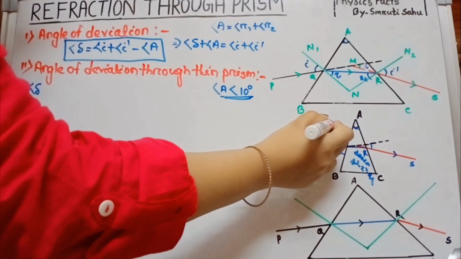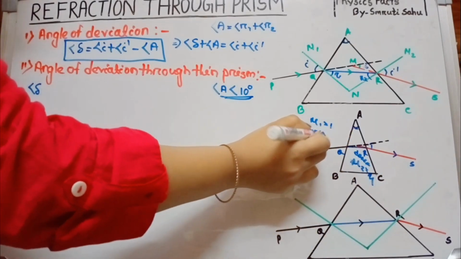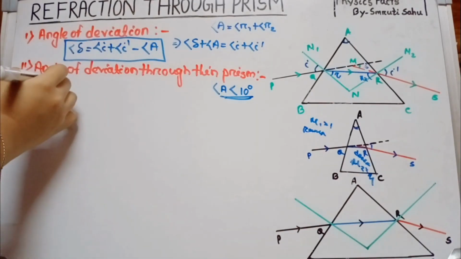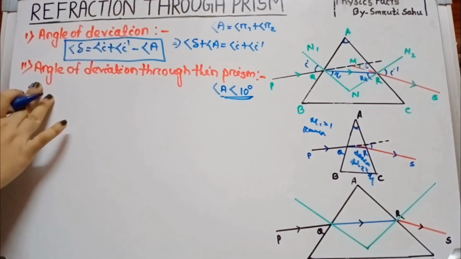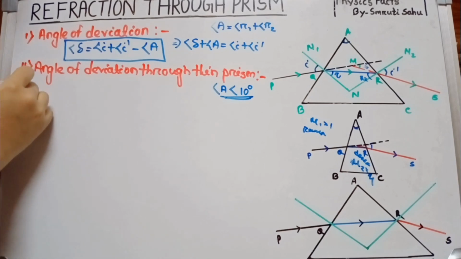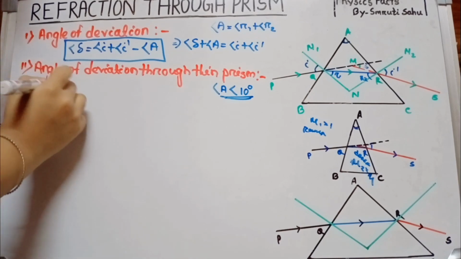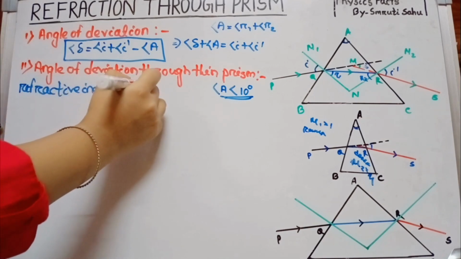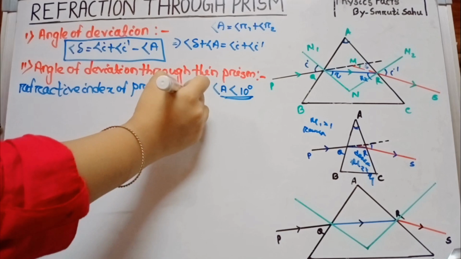And for the air medium, the refractive index mu1 equals 1. We know, according to Snell's law, that the refractive index of the prism is taken as mu.